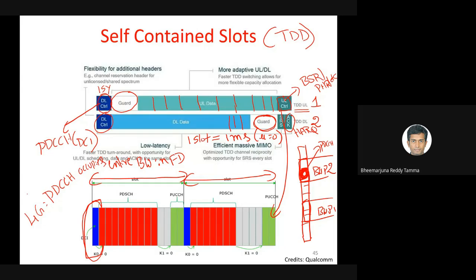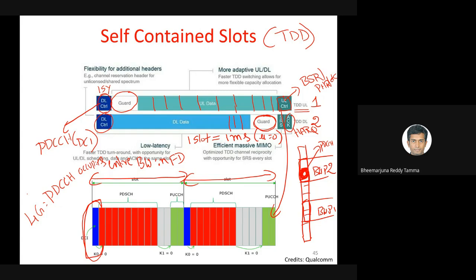And if it is 125 microseconds, in the case of numerology 3, again within 125 microseconds you are sending the data to the users and getting acknowledgement from the user in terms of ACKs or NACKs. Of course, we are talking about sending TCP ACKs, which come under application payload. Then the user can make a request to the base station using PUCCH or other modes, and the user can be served in the upcoming slot.